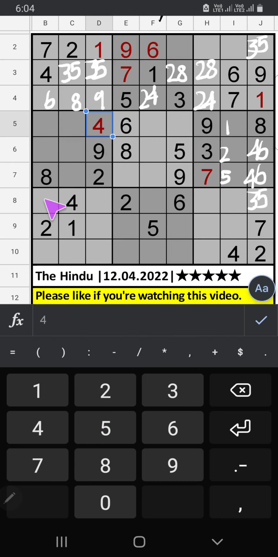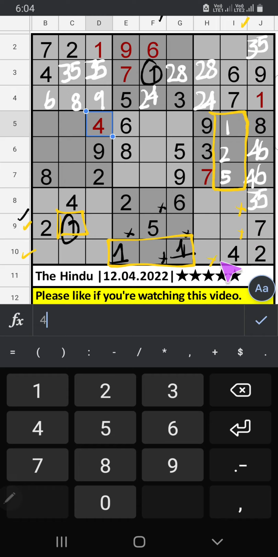Column F, 9th row, we have 1. So 1 can't come in these cells. 1 will come in any one of the cells. We will confirm later. 9th row, 10th row, we have 1. Column I also we have 1. So 1 can't come in these cells.